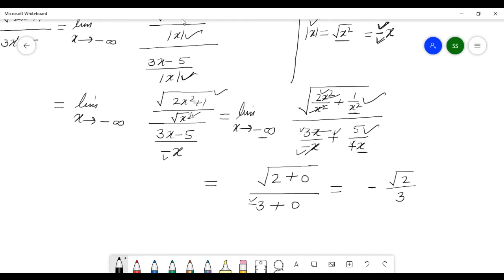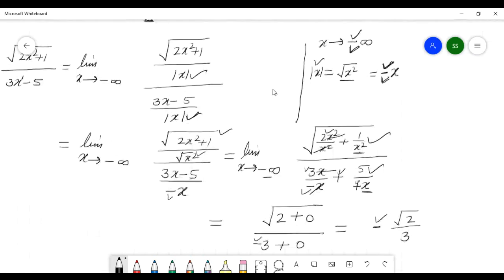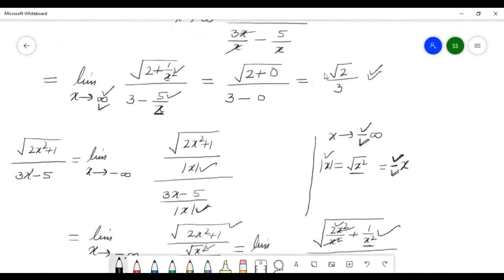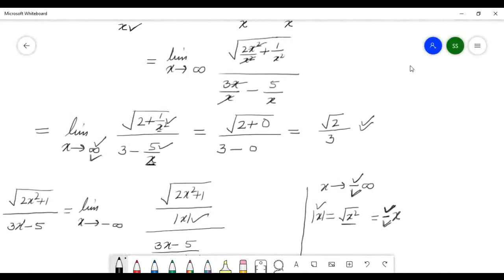What is the difference here? If x goes to positive infinity, the answer is positive; if x goes to minus infinity, it is negative.